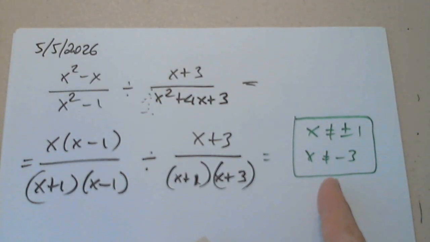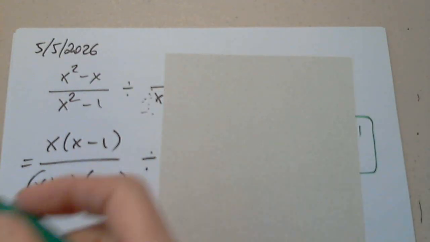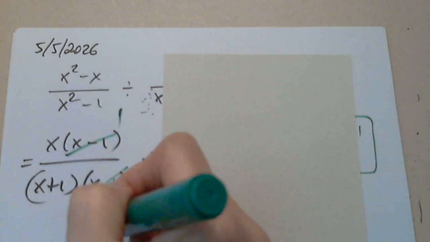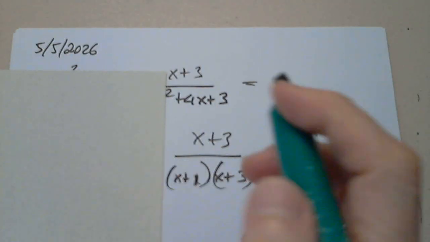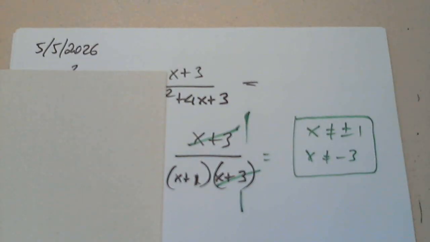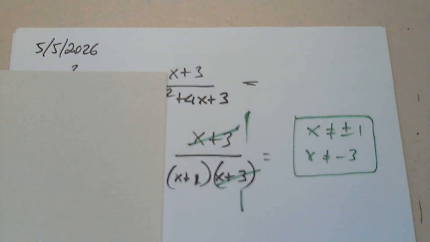And the next thing is very important with this. I am allowed to simplify each fraction by itself because I see a common factor in the fraction itself. And I also see a common factor in the fraction itself, not across. I cannot do that in a division. Good.